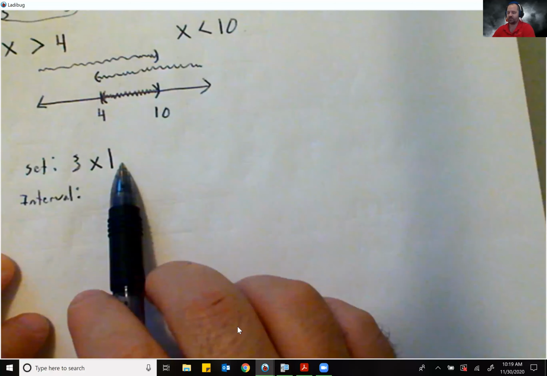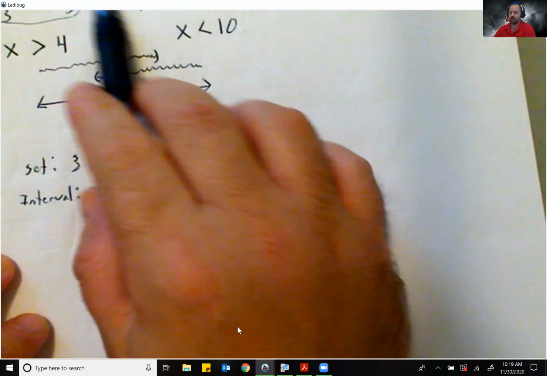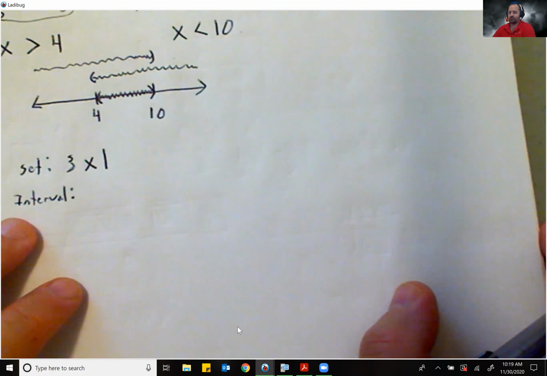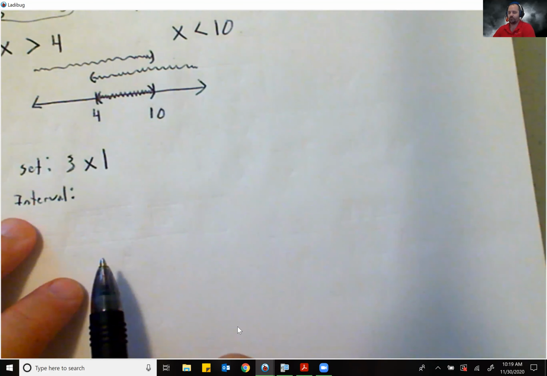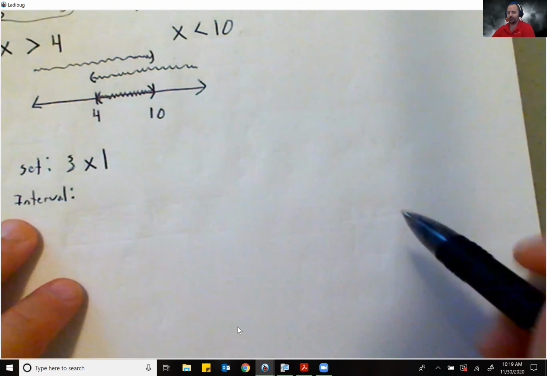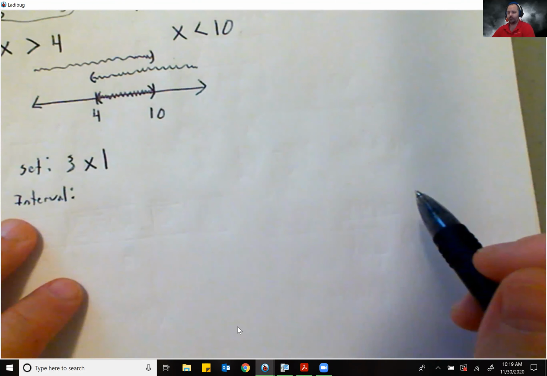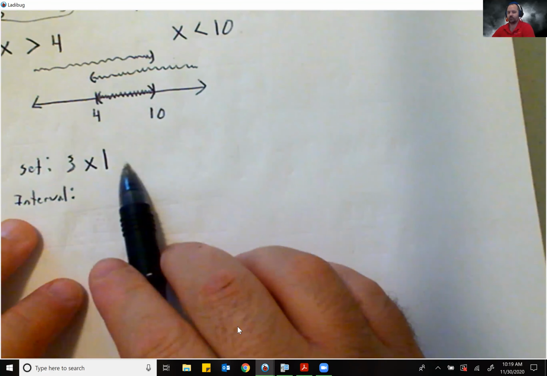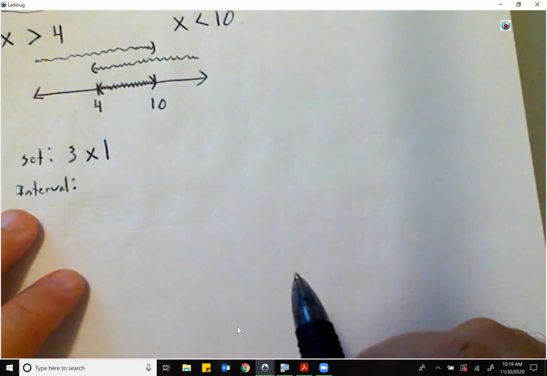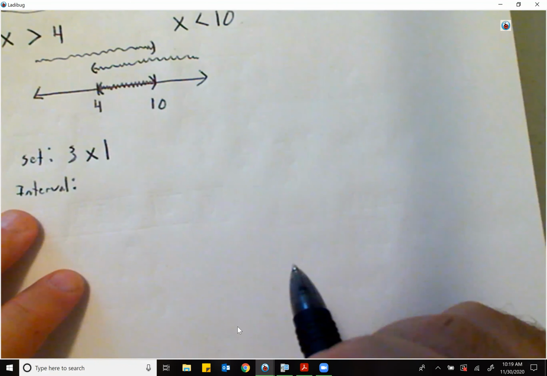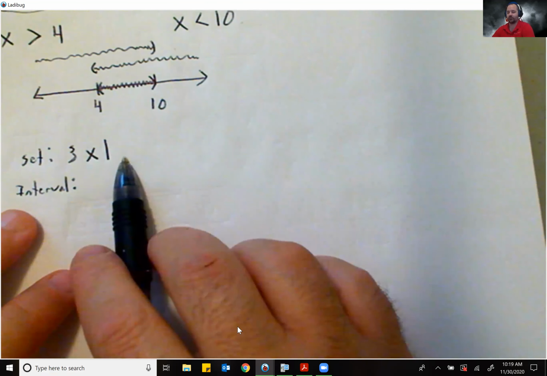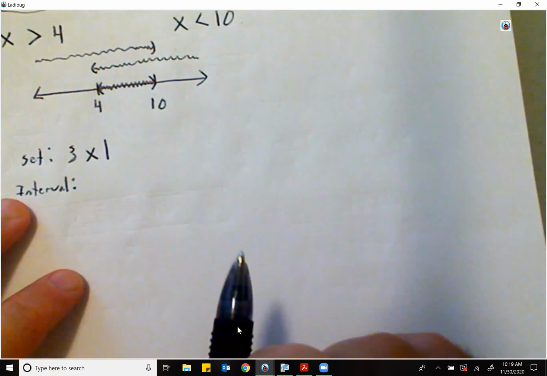So how do we write up this set answer? Well, when we do sets, there's no brackets or parentheses. That's interval.